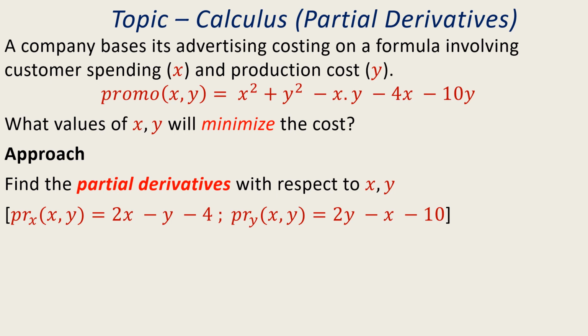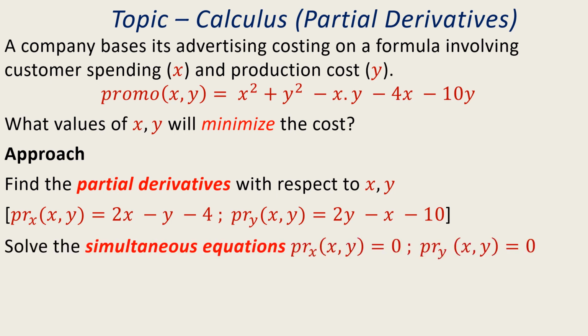Find the partial derivatives of the function with respect to each of the variables. In this case, the partial derivative with respect to x is 2x minus y minus 4, and the partial derivative with respect to y is 2y minus x minus 10. We then have to solve simultaneous equations.